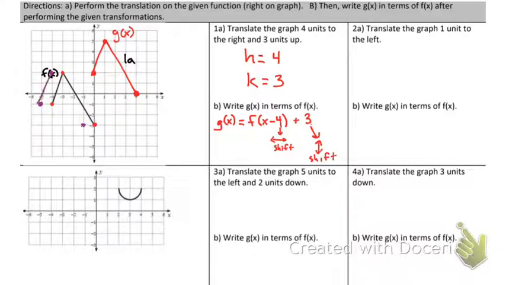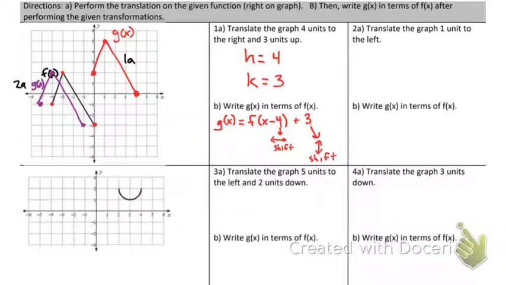Now connect those. Again, it's only a shift to the left. We have no vertical shift. So we have this. This is our part 2 problem. We'll call this g of x again, and this is the answer for problem number 2a.